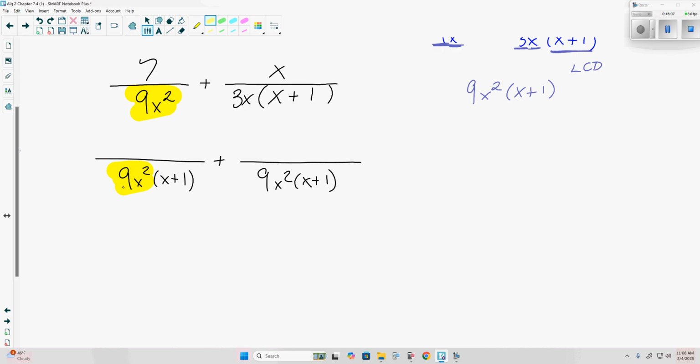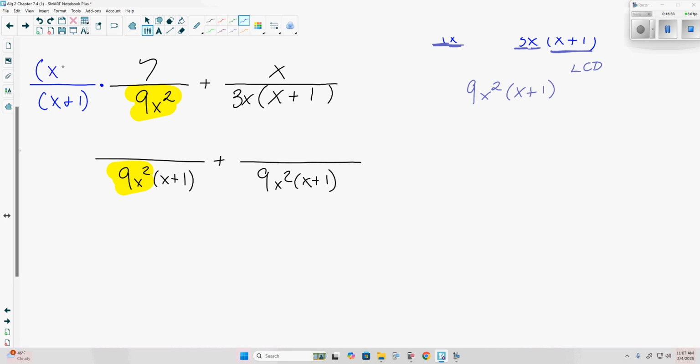Now to get that added to it, what we're going to do is multiply this rational expression by 1. Well, a fancy version of 1. Because what I'm going to do is multiply the 9x squared by x plus 1.